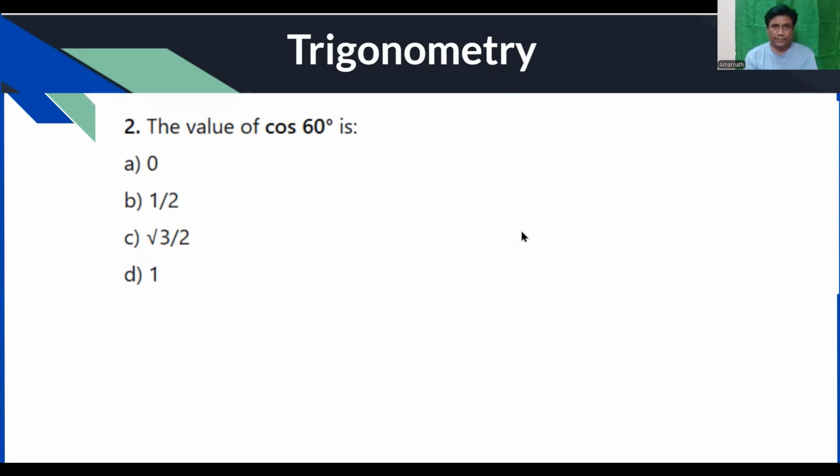You can check the table or you can build the table also. Cos 60 is also half.